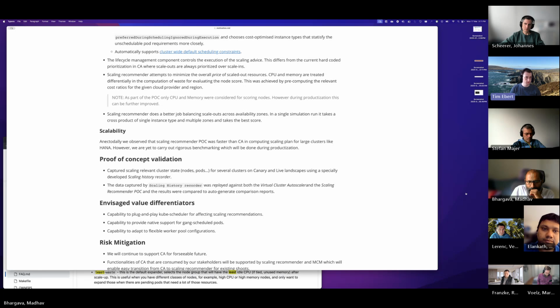I still see value in trying to use community-supported components, as also written in the document. Cluster autoscaler is one of the supported mechanisms by the community. So I have a strong preference to try to stick to one of the community-supported mechanisms. But if there are so many fundamental issues, then it might not be an option.